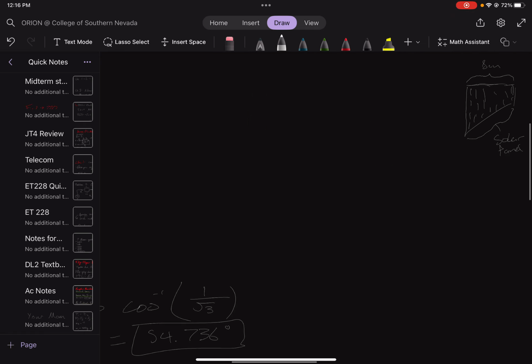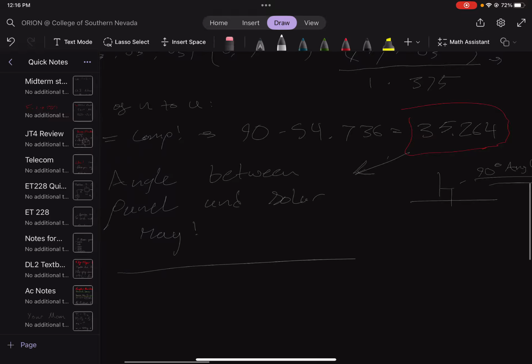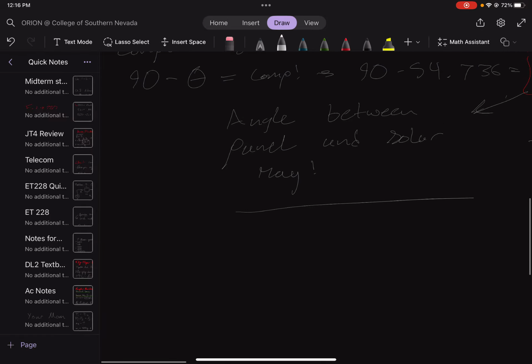So now with the second problem, we can demonstrate this further. So we're going to now do the second part. The second problem is going to be with an angled panel.